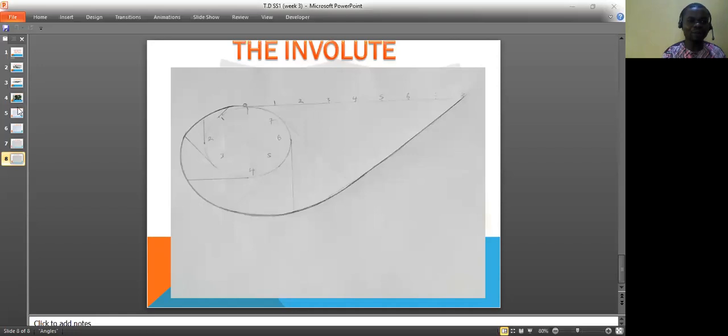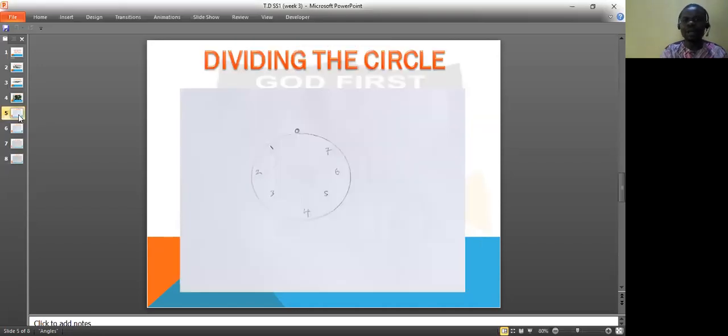Let us come back to stage 1, drawing the circle. After drawing the circle and dividing it into 8 equal parts, you will do the practical, pause the video, just look at it the way it is, do your own. Then divide it into 8 equal parts. If you have gotten that, you can now move to stage 2.